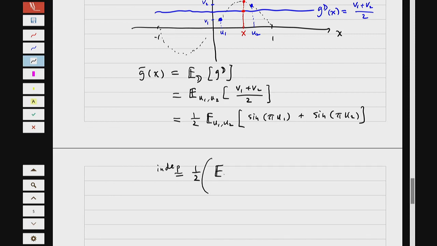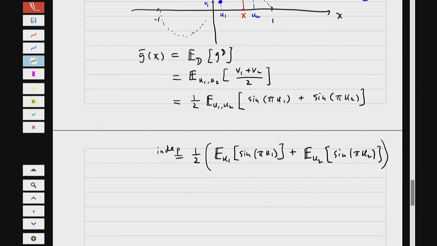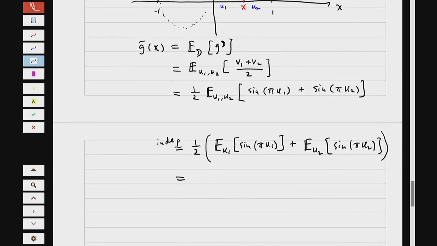The first term is only expectation over U1 of sine pi U1. The second one only has to do with U2, so expectation over U2 of sine pi U2. They have to be independent. So this independence and also identical distribution is the structure that we need for learning, at least for this type of analysis to work. And that's what we have assumed, anyways.